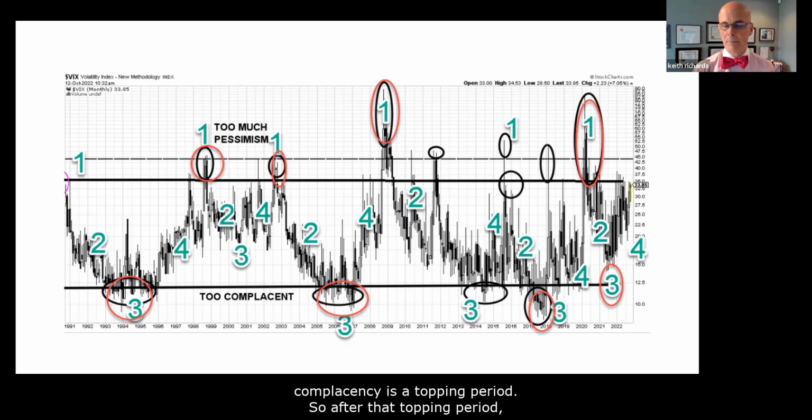So after that topping period, we've become more pessimistic about the market, and that shows up as the VIX moves higher and higher. But I want you to notice something. So we're calling that phase 4, which is the downtrend as pessimism grows. Okay, so what we are not seeing is a washout on the VIX like we have at the bottom of other bear markets.